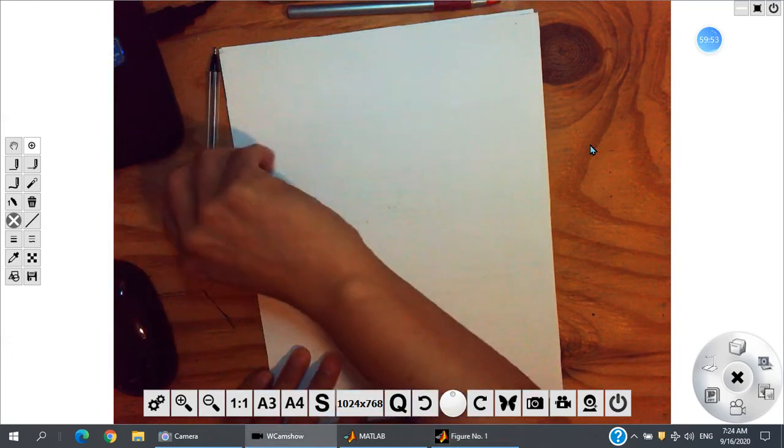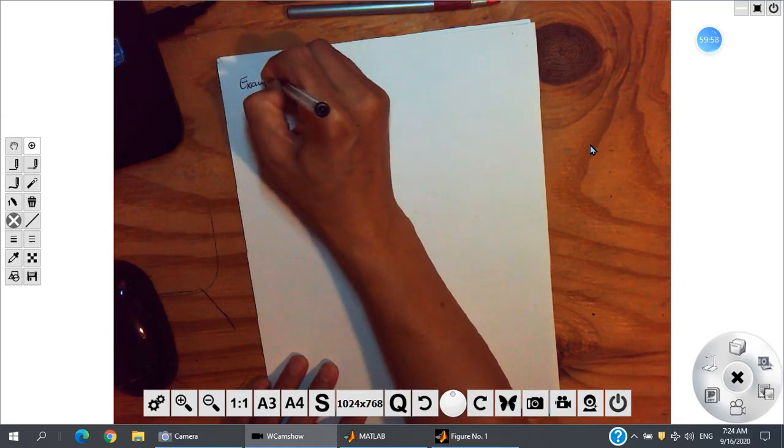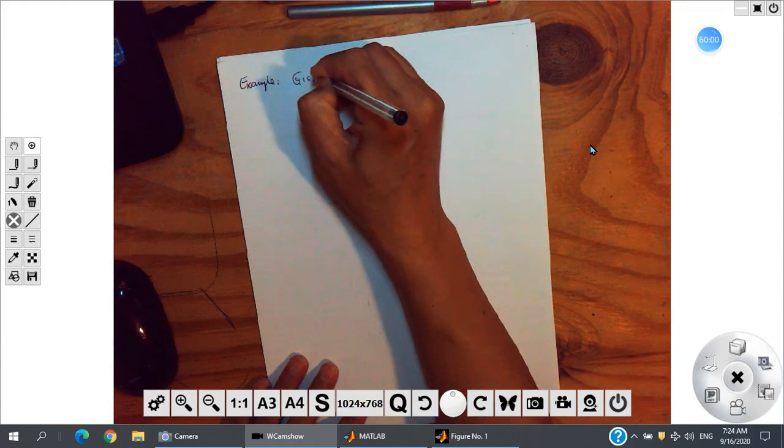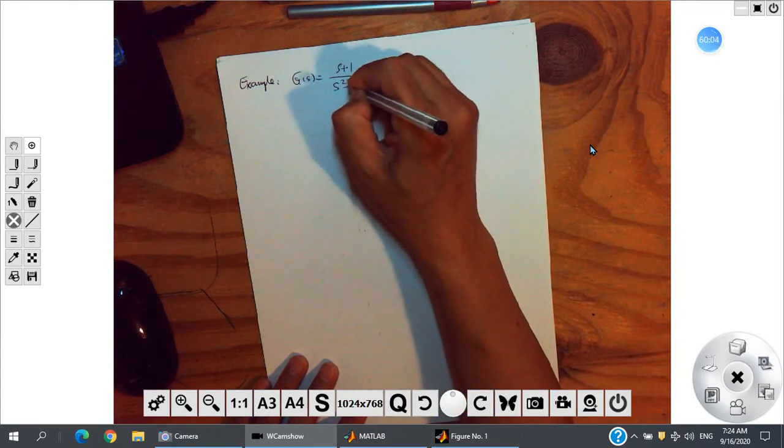Okay, it's an example. G of s is s plus 1 over s squared plus 1.